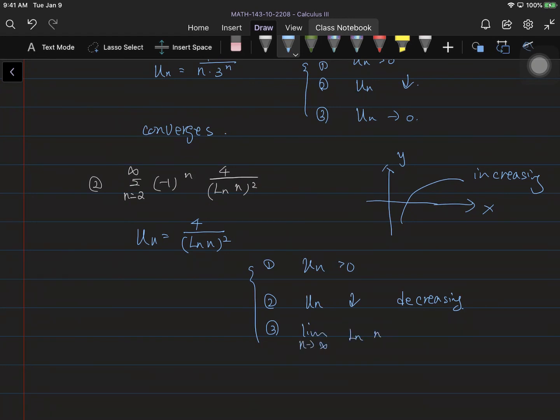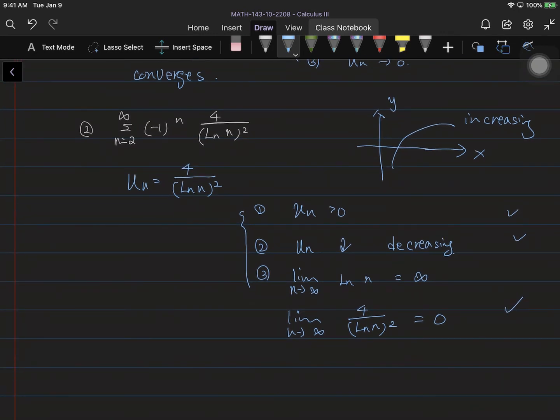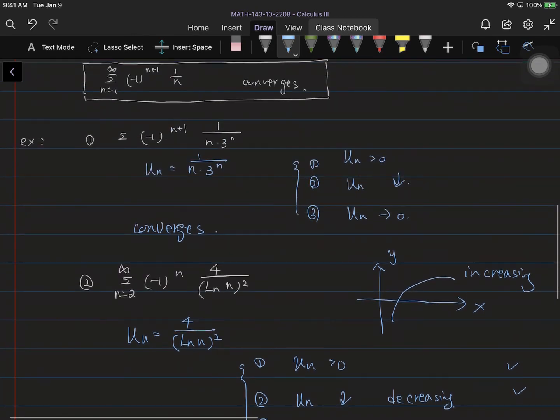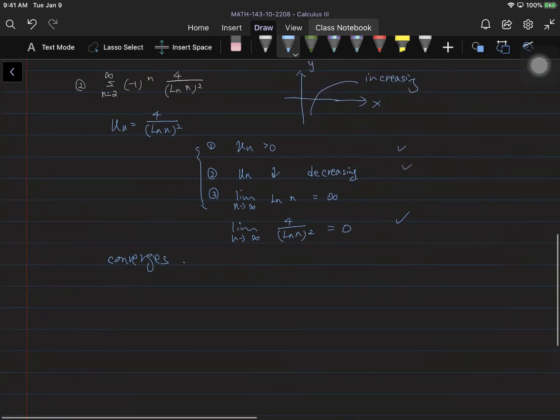We know the limit of ln n is infinity, so the limit as n goes to infinity of 4 over (ln n) squared is 0. So we satisfy the three conditions, then we say it converges. So we always use those three conditions to tell whether an alternating series converges or diverges. That's all we need to know for alternating series. Okay, we can stop here.